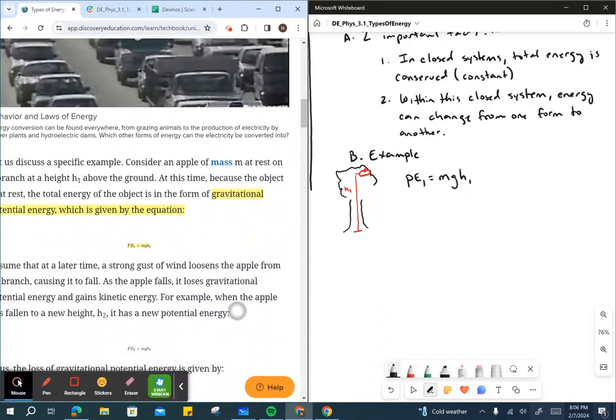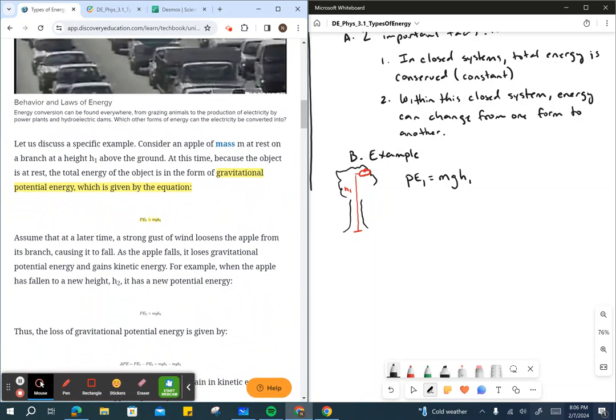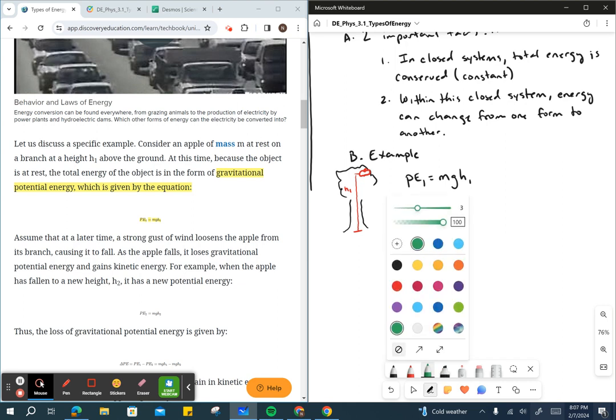Now assume that at a later time a strong gust of wind loosens the apple, causing it to fall. It loses potential energy and gains kinetic energy, such that it falls to a new height, h2. And so it's going to have a new potential energy. So we could go ahead and say that the wind blows and our apple is going to fall.